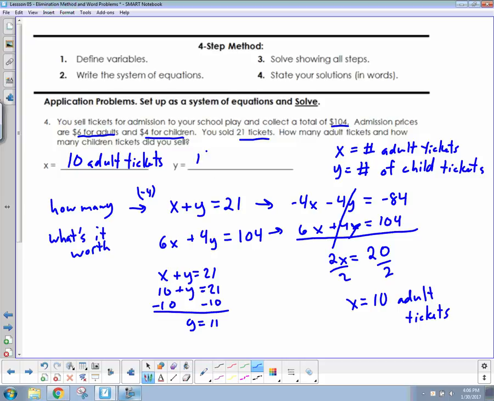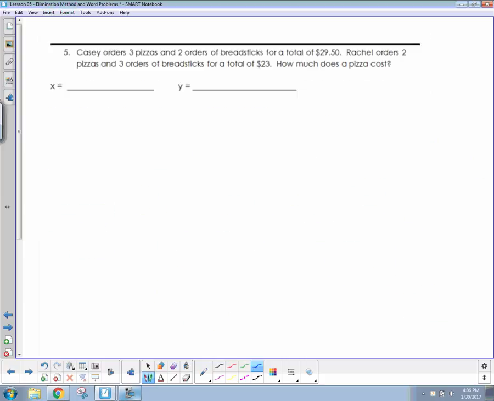So 11 children tickets. Boom. Makes sense. 10 plus 11 is 21, looking good. All right, moving on to the next one.